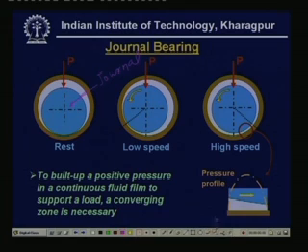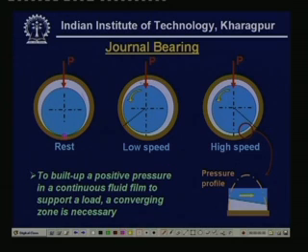Now, when it is at rest, you can see that the bearing load will keep the journal in contact with the bush at this point, and this light blue color is nothing but the filled-up oil, or the lubricant.